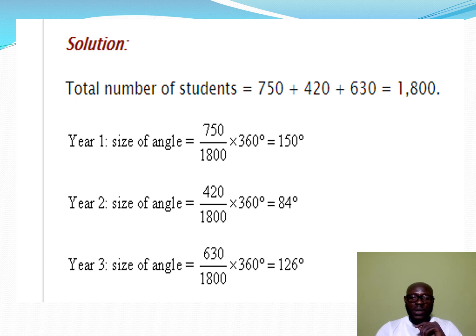Then in year 3, the angle is to take the total students in that particular year, which is 630, over the total students, which is 1,800, times 360. After the simplification, our answer gave us 126 degrees.